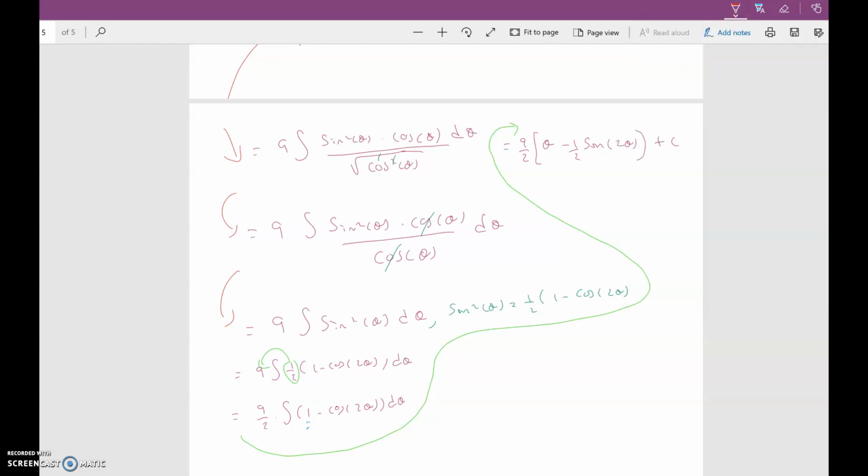Let me just multiply those two. Technically it should be 9/2 of c, but since we don't have initial conditions, you can just leave it as c. So we end up with 9 theta over 2 minus 9/4 sine of 2 theta plus c.